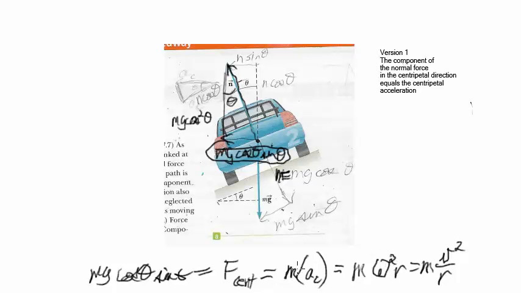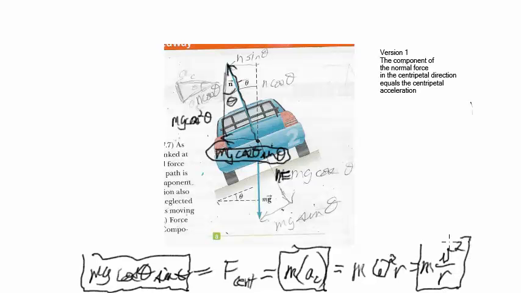So with mg cosine theta sine theta on the left-hand side, and m times the centripetal acceleration, and m times v squared over r, that gives us sufficient information to solve for a sub c and v tangential, because we know our radius is 316 meters. We know the m's will cancel out of all parts.